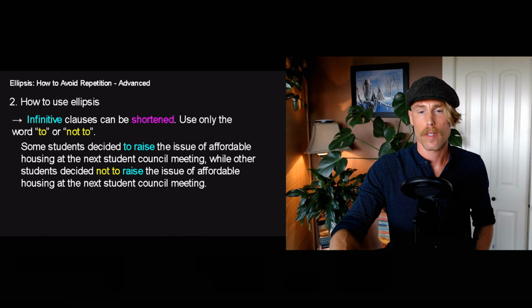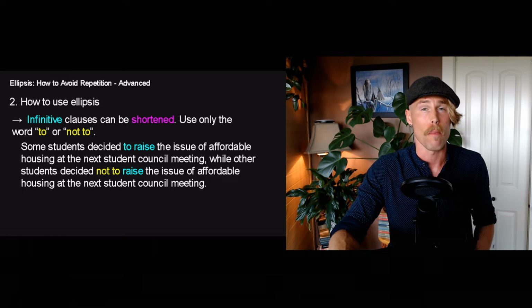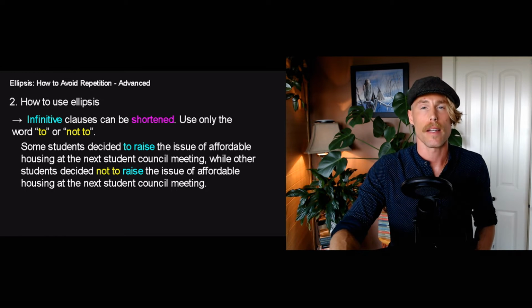Okay, pretty good sentence here, but we are repeating a lot of words and information. It's not necessary to do this. So we use ellipsis to cut out or delete or omit or leave out unnecessary words. So what words would you leave out of this sentence?